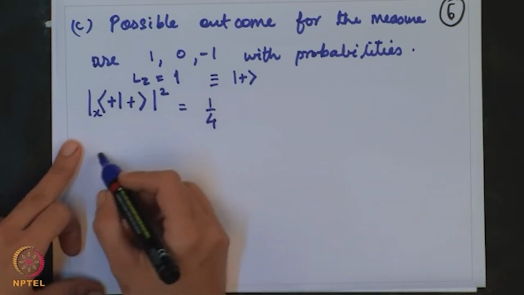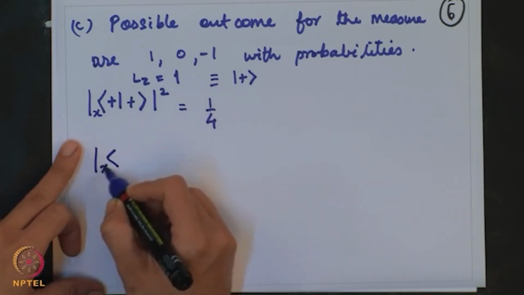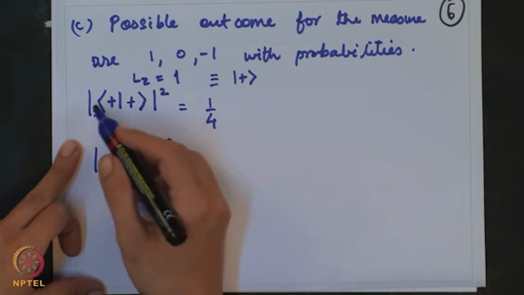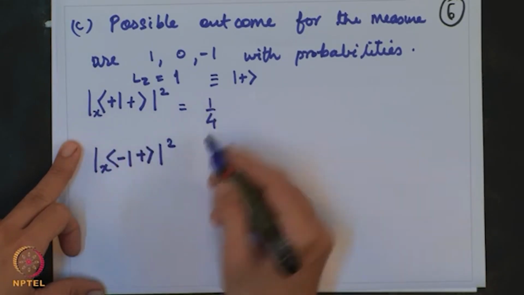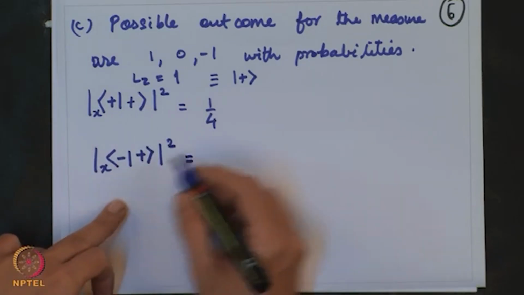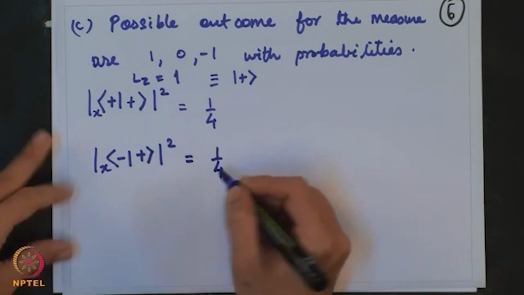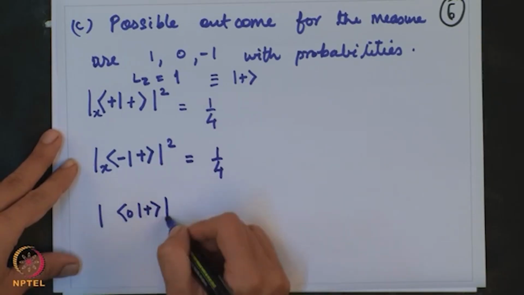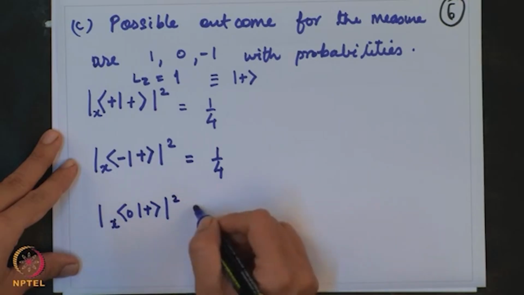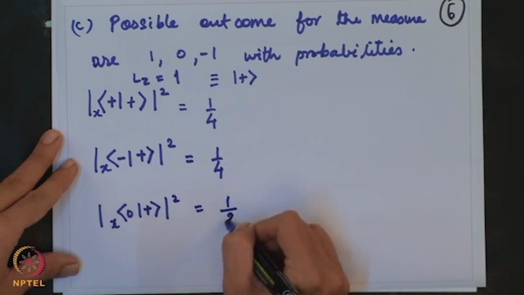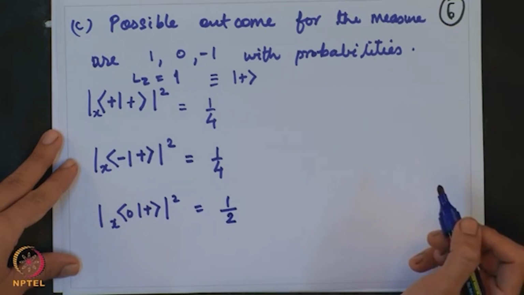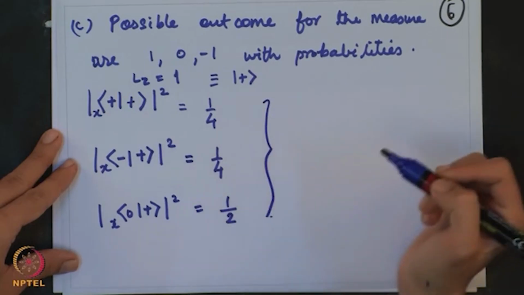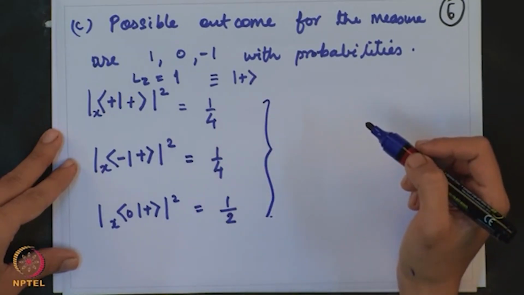Using that information, you can calculate the result. For plus you have 1 by 4, for minus the probability is again 1 by 4, and for ket 0 it is simply half. From the coefficients themselves you can infer this result.